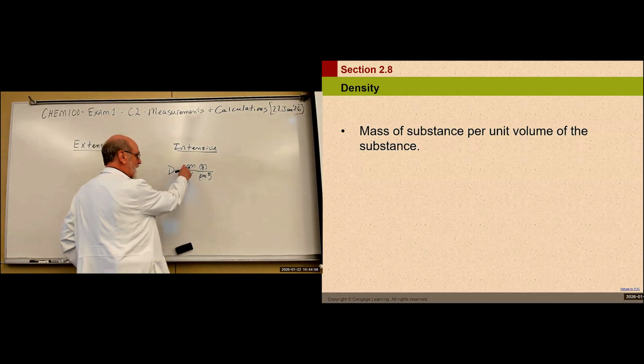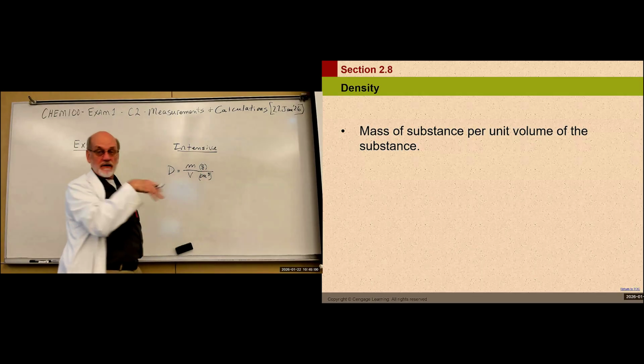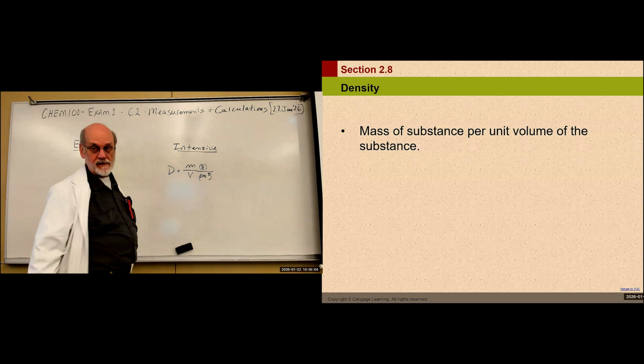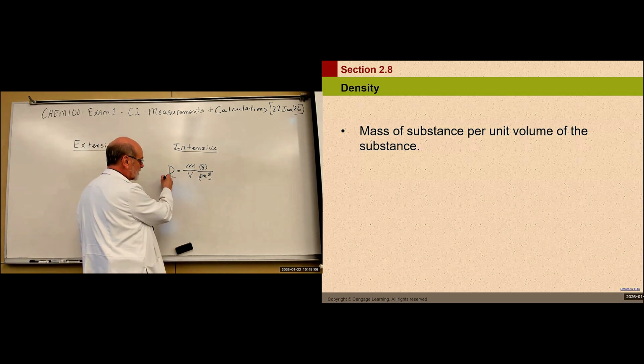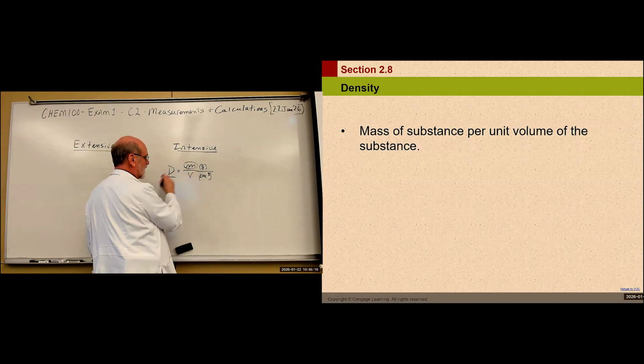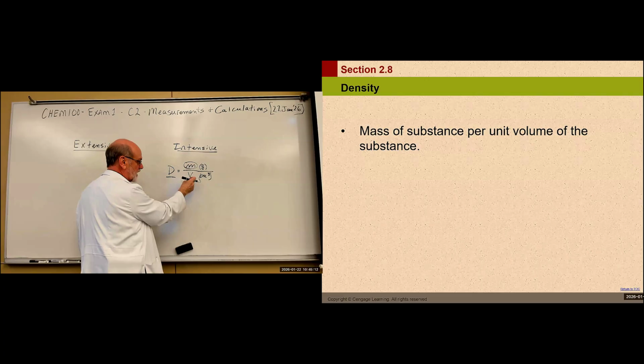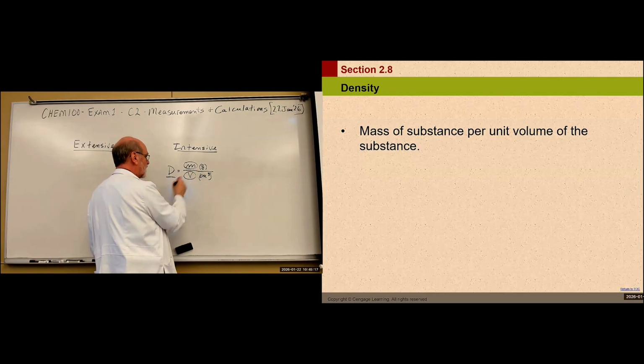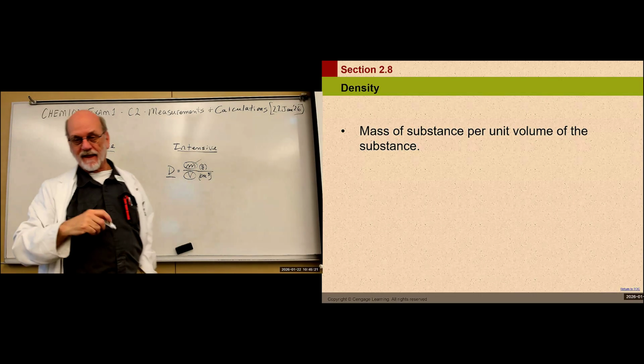If we know the mass of a certain volume of substance, we can calculate its density. If we know the density and we measure the mass of that substance, then we can calculate the volume. Or if we know the volume and density, we can calculate the mass.